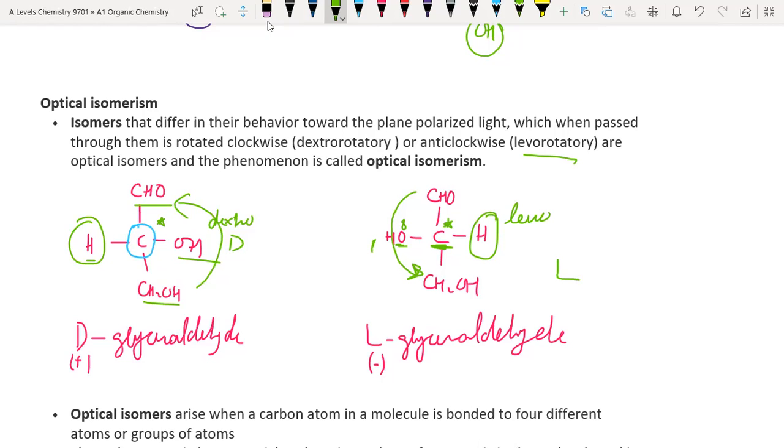Okay, sorry, both are in the same direction. This structure, then we will move this way. It is dextrorotatory.